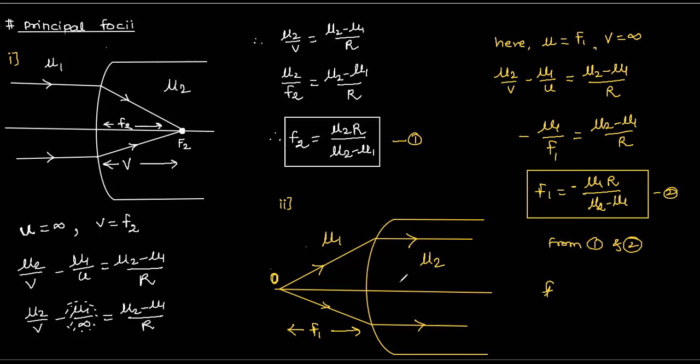If we do f1 by f2, what will you get? Mu1 by mu2. The minus sign is not necessary here, right? So we get the ratio like this, mu1 by mu2.